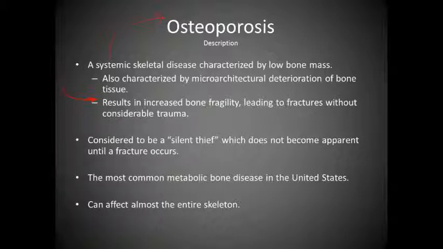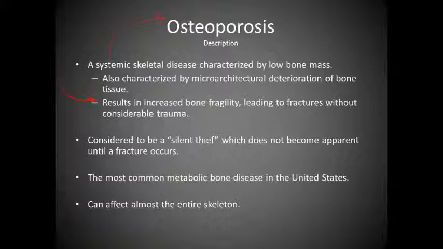We've done a better job of diagnosing osteoporosis nowadays, but we are still working on trying to find supplements that will reverse the cycle. But many years ago, it was considered a silent thief because patients never knew that they were losing bone mass until they broke something, and many times it was a horrible fracture.